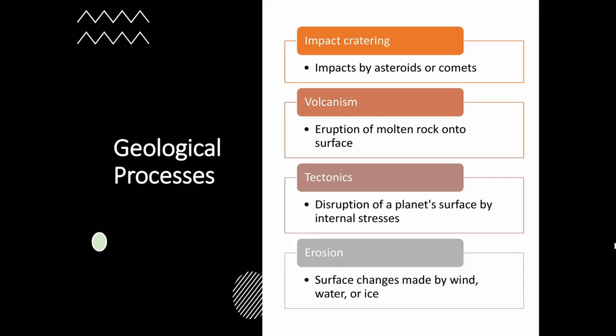Plate tectonics, so you can have the parts of the crust move with respect to each other, and that causes a lot of features on the surface. And then erosion, if you have wind, water, or ice, you can break down material and move it from one place on the surface to another. So we'll see examples of all of these.